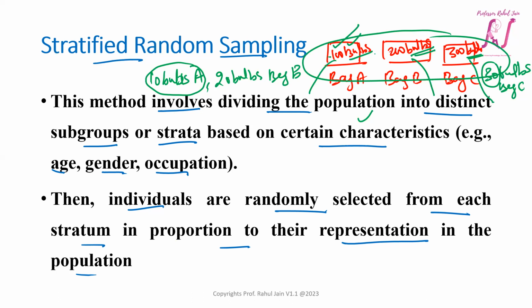The characteristic here is the color of the bulbs, right? So we can select in some proportion, like 10 from this, 20 from this, 30 from this. The chance of selection of each and every bulb is equal in all the strata, right? Such a sampling method is called the stratified random sampling method.